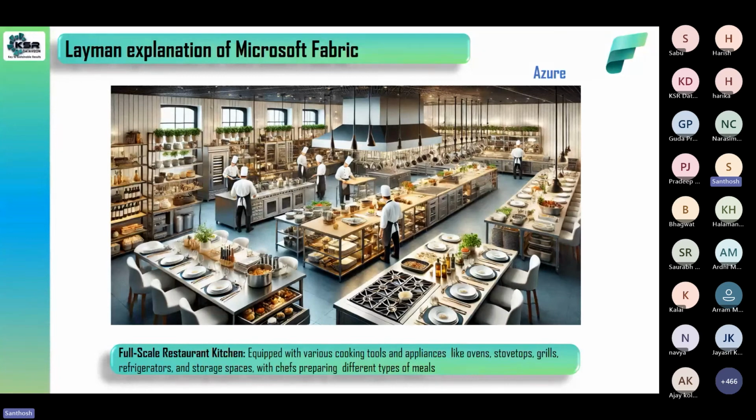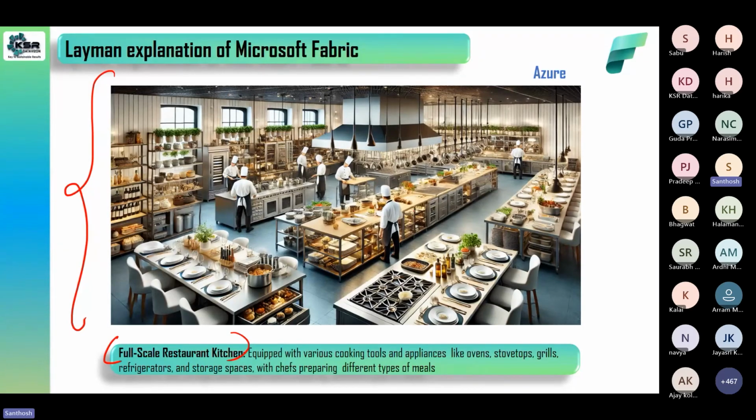You'll get starters, beverages, cool drinks, desserts, ice creams, main dishes, vegetarian, non-vegetarian. Every single food you'll get here, because this is a full scale restaurant kitchen, right? You will get every single thing here.